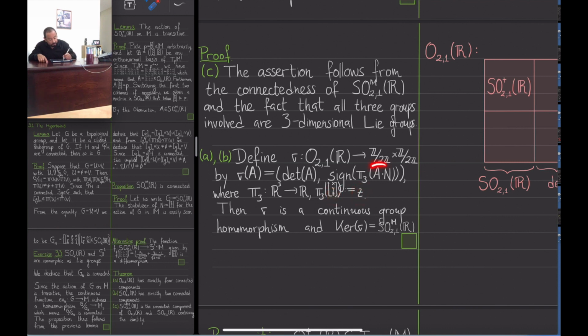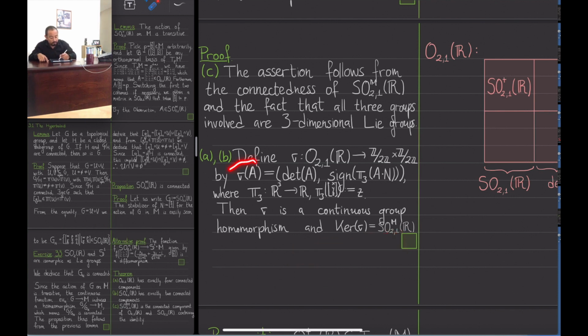The third coordinate of this one is never 0 because its absolute value is always greater or equal than 1, because this one is either in M or in minus M. So taking the sign of a non-zero real number is a continuous function from R minus 0 to 1 and minus 1.